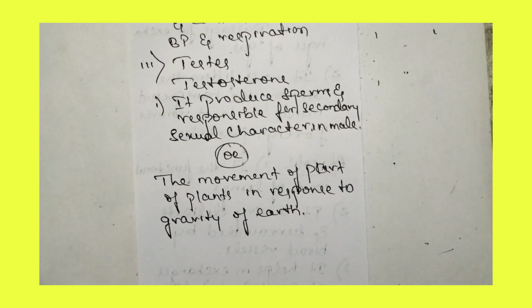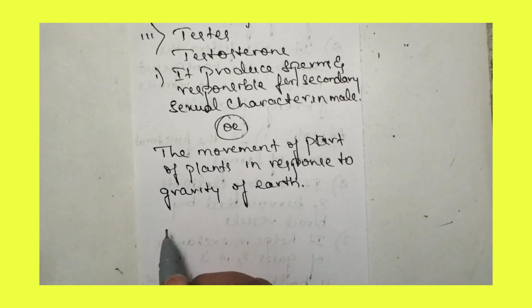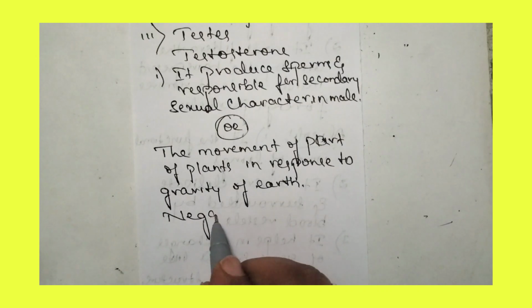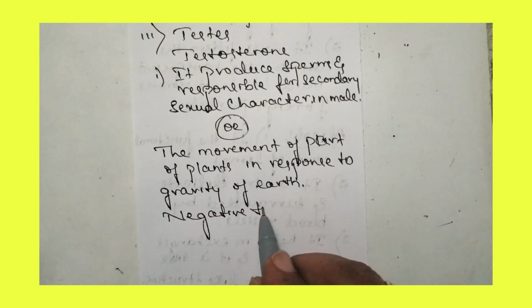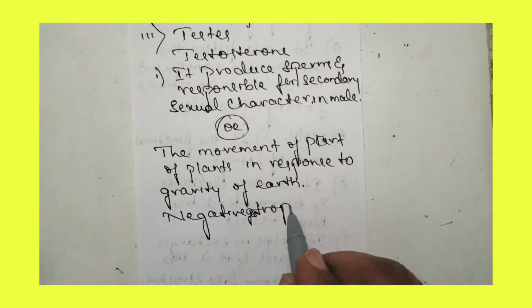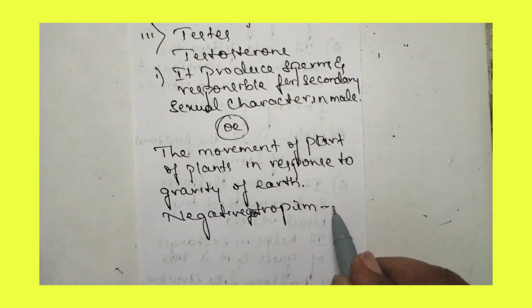Which part of the plant shows negative geotropism? That is the shoot. Negative geotropism is shown by the shoot.